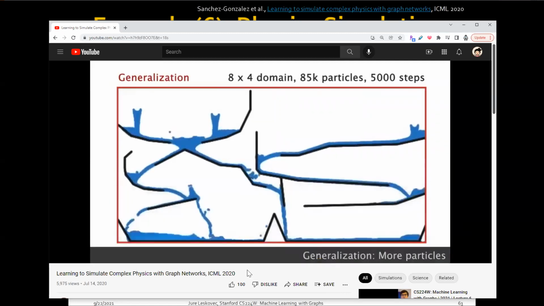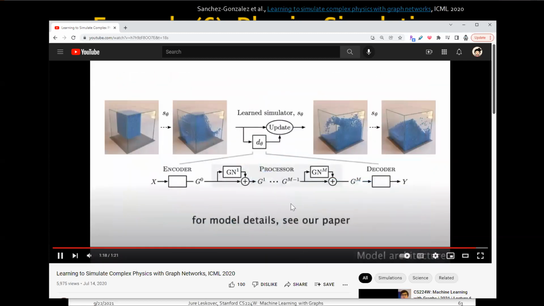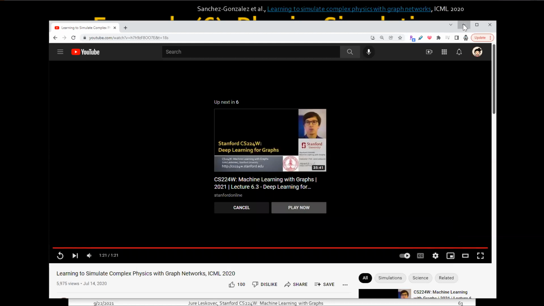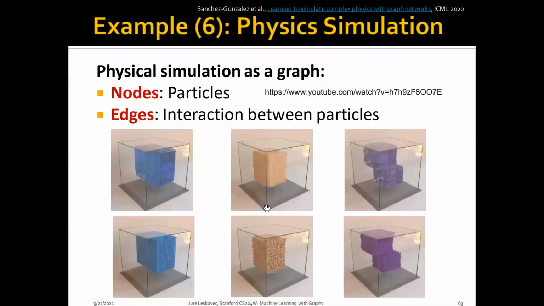This looks like a game, I think. I know there is a game where you can block some water. Yeah. So this is about the physics simulation. And so you see it looks like real, right? Very cool predictions of the physics.